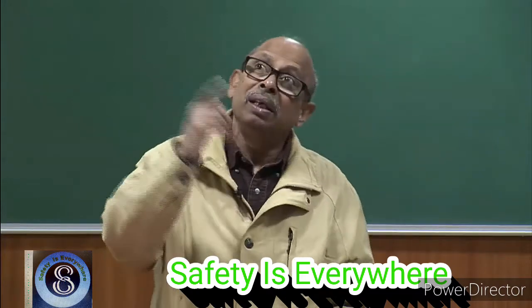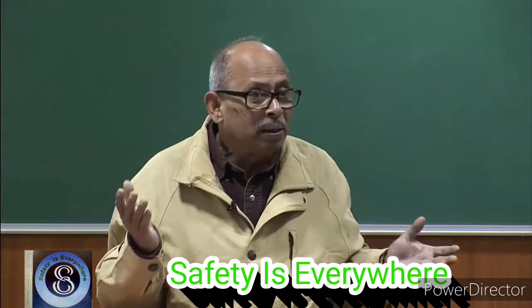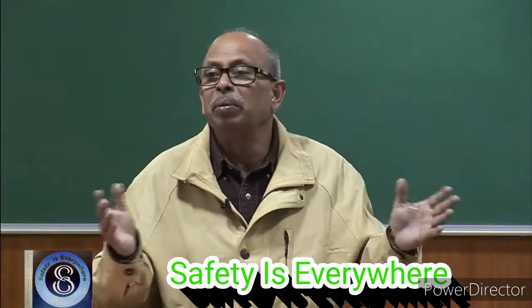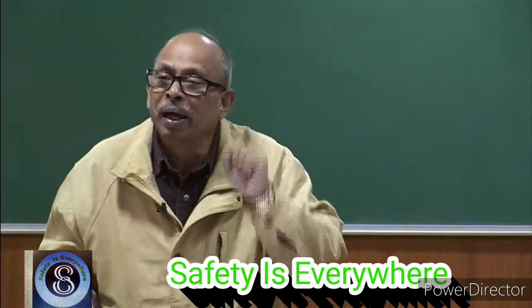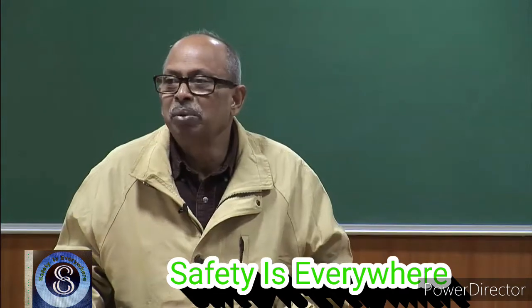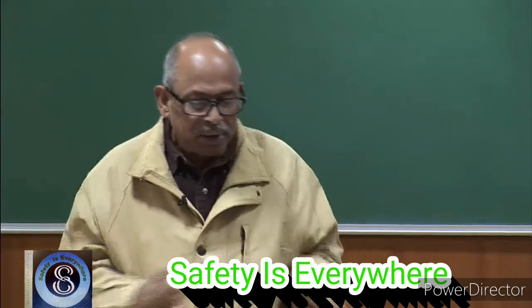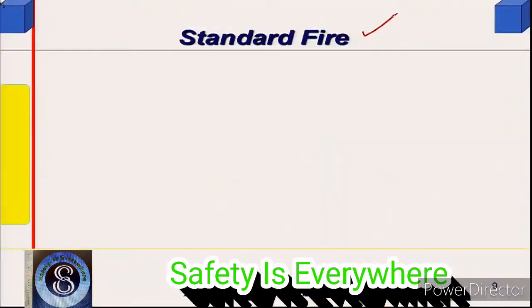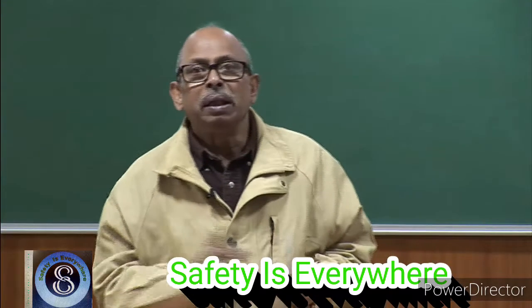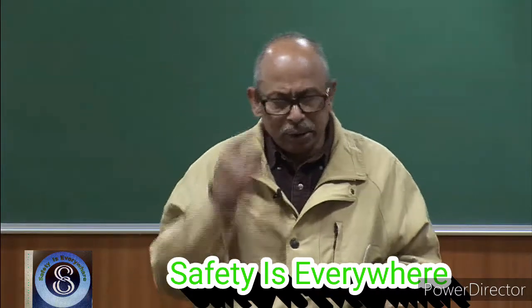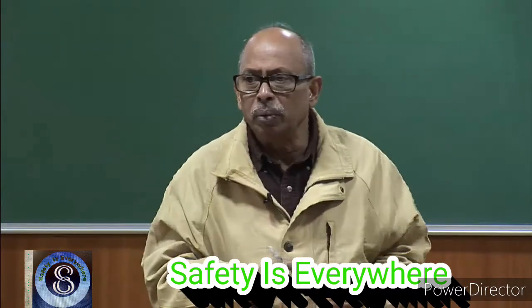Therefore, how do I judge these materials or elements, structural elements, beam, column or slab or wall or whatever it is? Well, I have to have a standard fire. That is the concept of standard fire. Now, this concept of standard fire started developing somewhere around the 1920s.